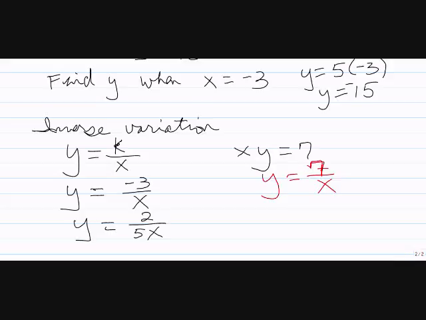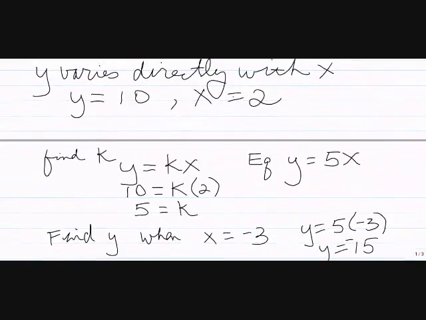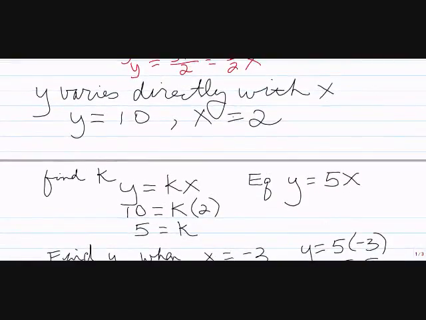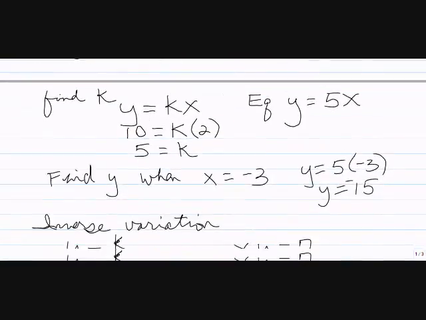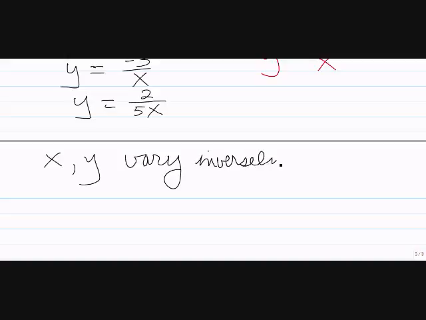Okay? We can do the same thing with this that we did with direct variation. I said, y varies directly with x, and I gave you a couple of x and y's. So we'll say x and y vary inversely, with x equals 4 and y equals -3.